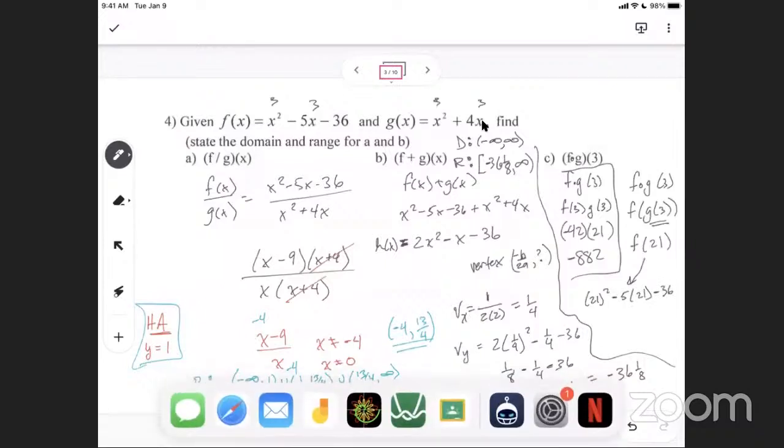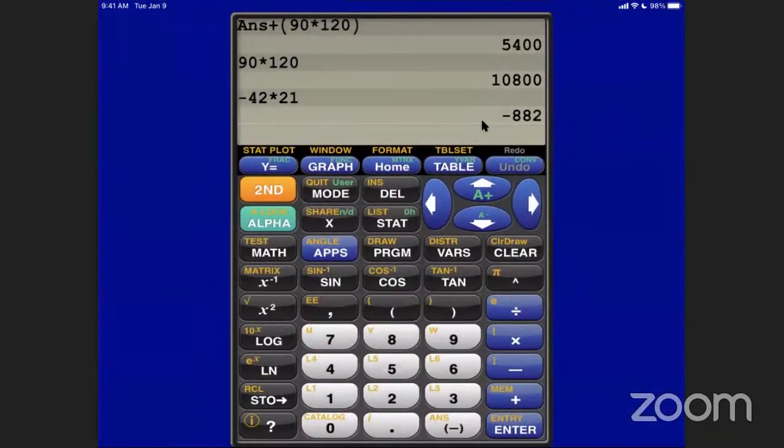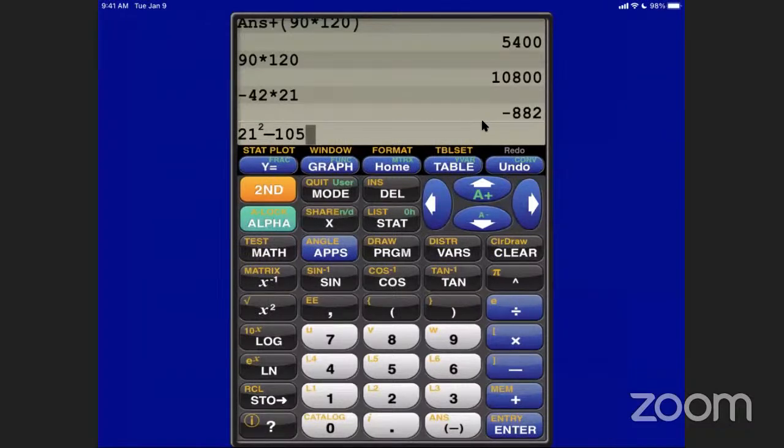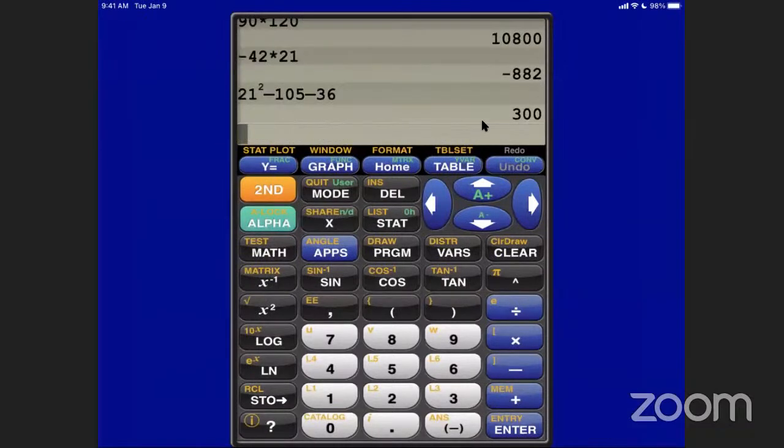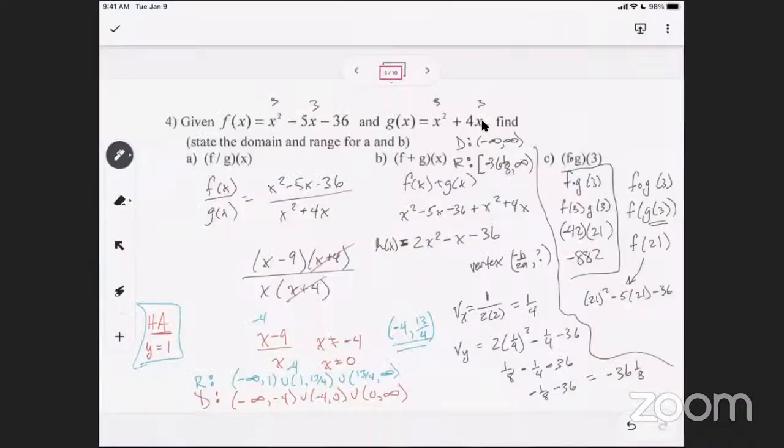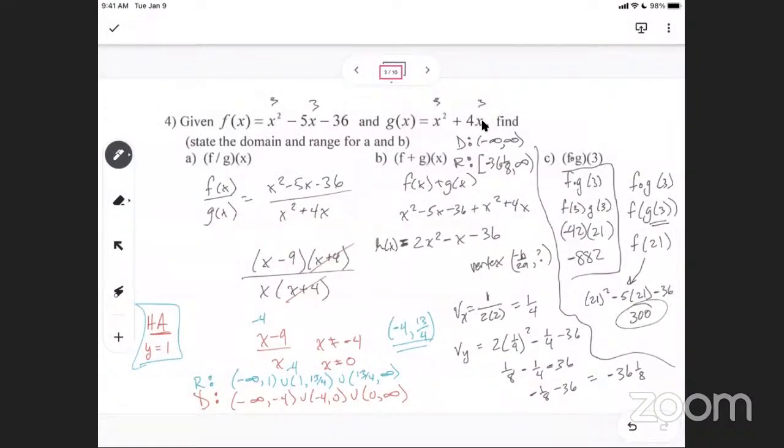So take your calculator, carefully punch that in: 21 squared minus 105 minus 36, 300. Unless my calculator made a mistake, or I did. So those are your two answers. I'm not sure which one they wanted.